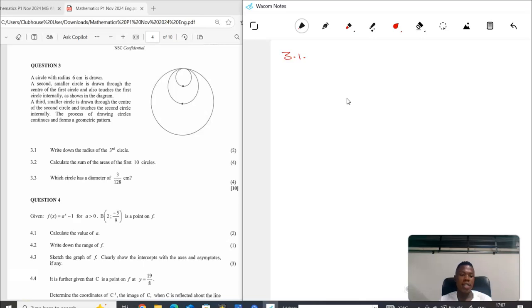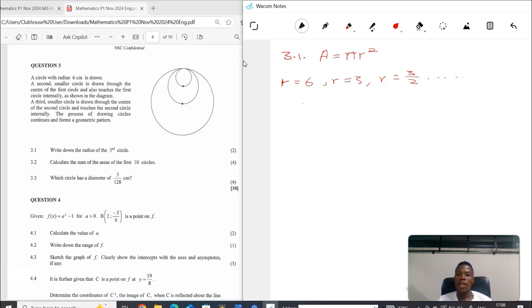Question 3.2 says calculate the sum of the areas of the first 10 circles. I know that the formula for the area is A equals pi r squared. For the first circle my radius is 6, for the second one it is 3, and for the third it is 3 all over 2, and it continues until the 10th circle.